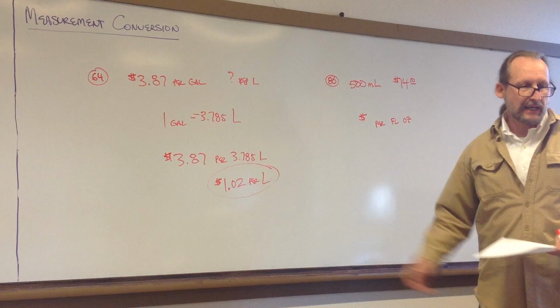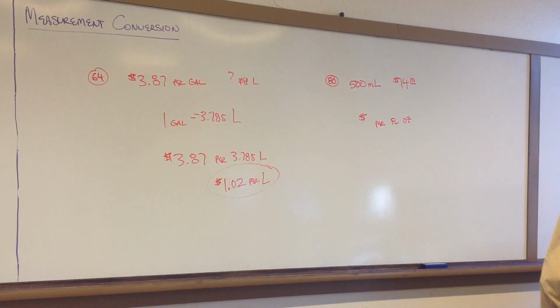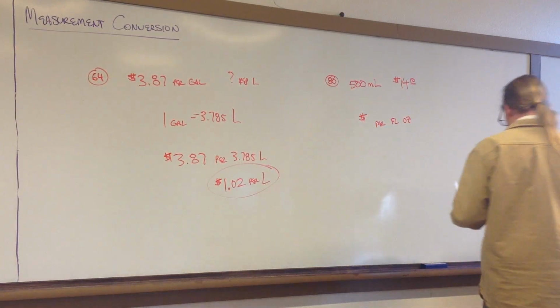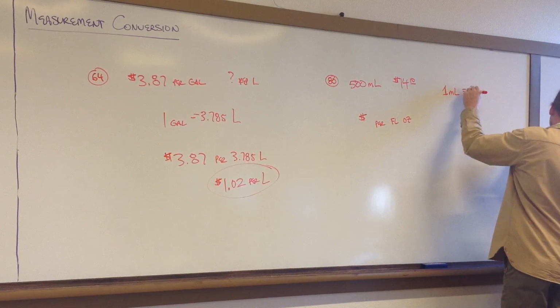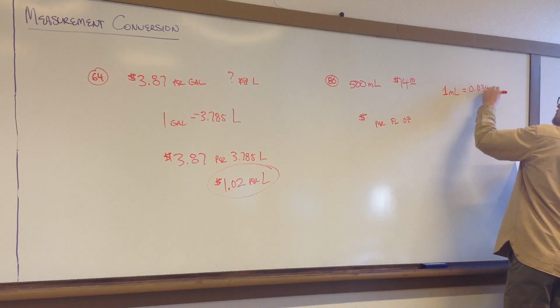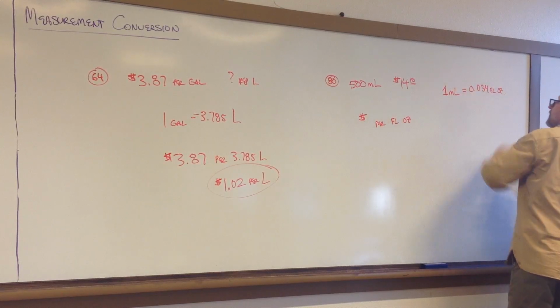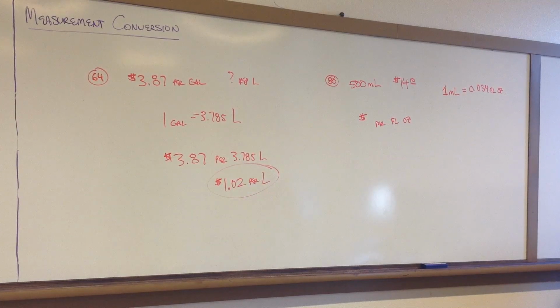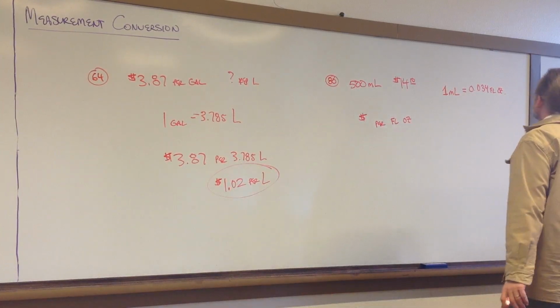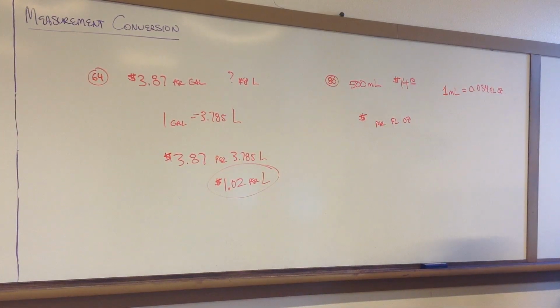All right, so we need to take those milliliters and convert them into fluid ounces, and we do have a nice direct conversion. 1 milliliter is 0.034 fluid ounces. So, now again, the question is, do we multiply or do we divide here?